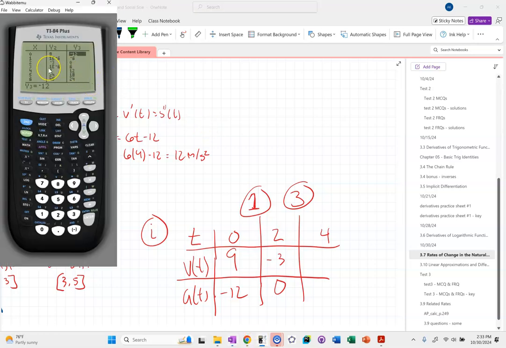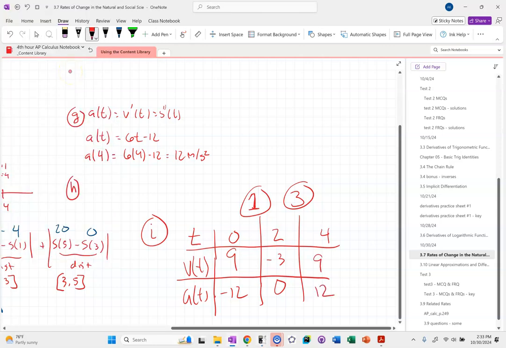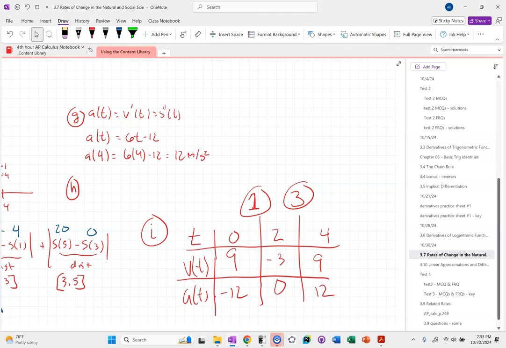And then at 4, we are 9 and 12. Oh, I goofed here a little bit.